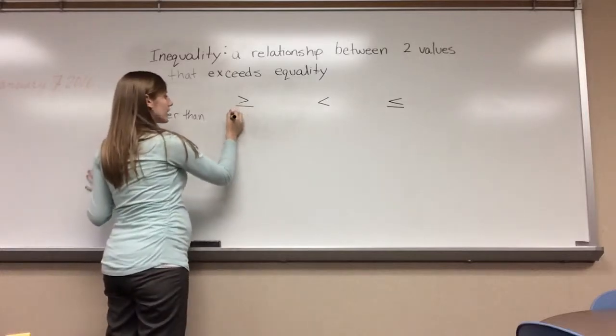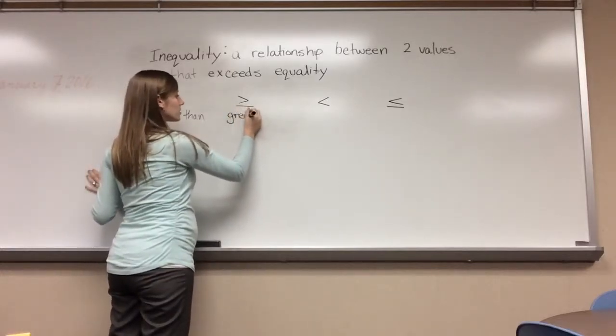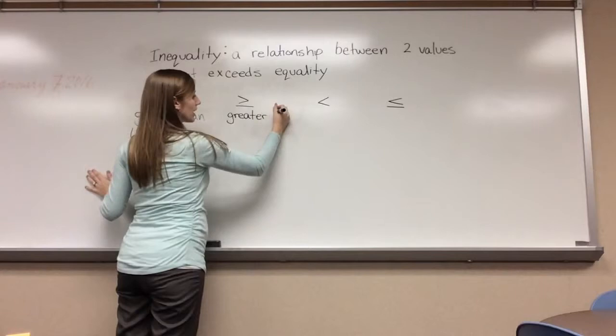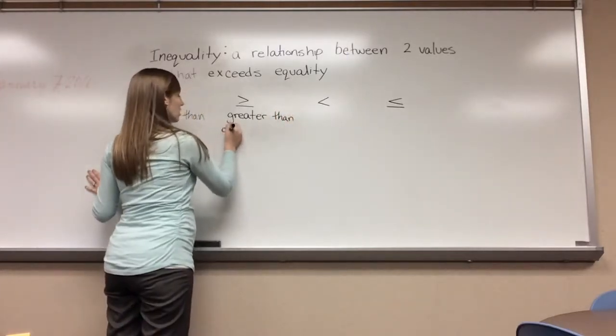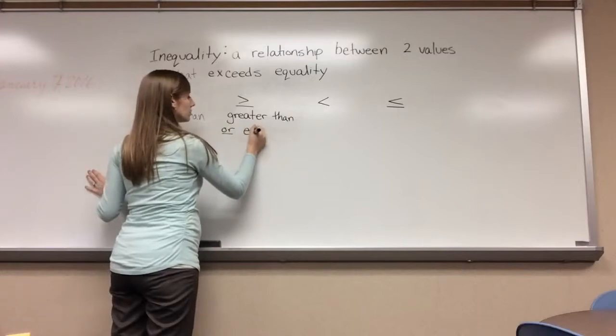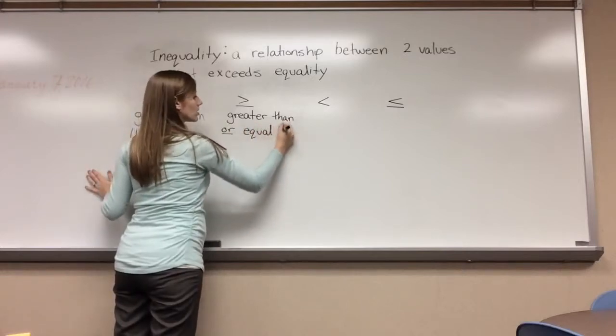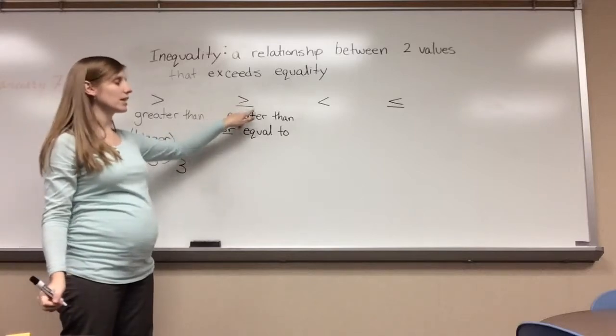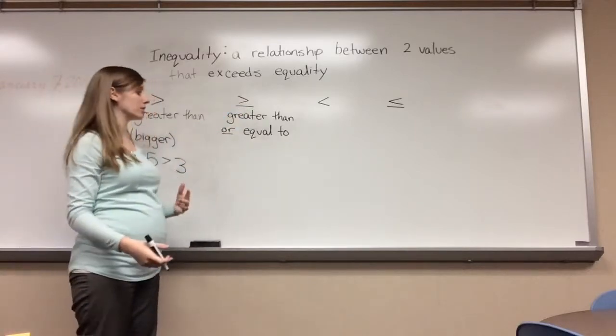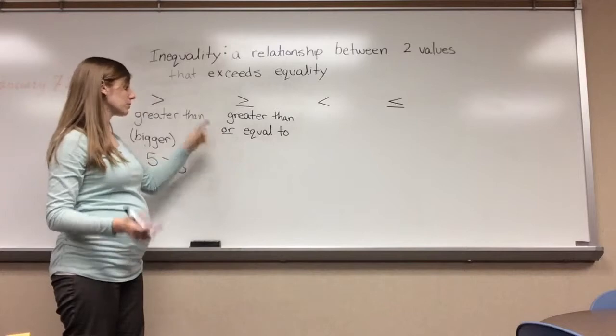It's still the greater than symbol, but there's more to it. It's greater than or equal to. So it could be either one. This bar underneath is what tells us that it's equal to. So it's greater than or equal to.